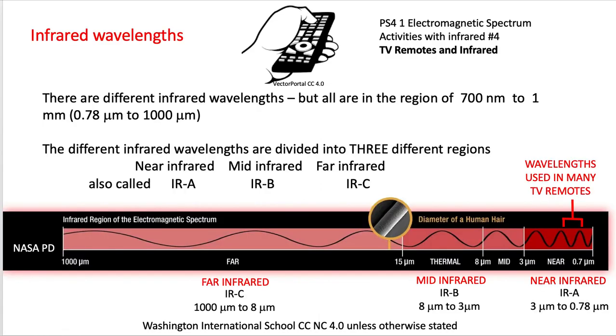And here's a reminder about the different wavelengths of infrared, but actually the ones that are used in your TV remote are way on the right and bracketed in the near infrared region.